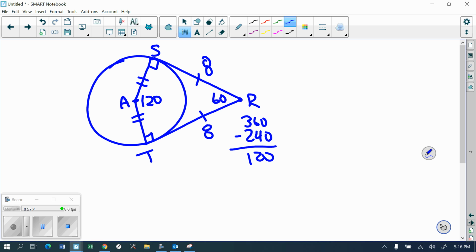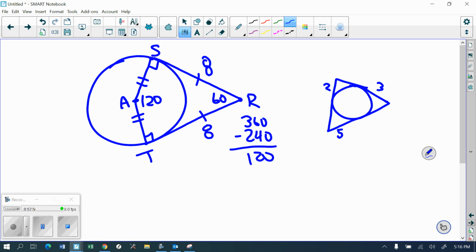There's another type you need to know how to do. If I had a circle and I had tangents, those are all tangents. And they tell me this is 3, this is 2, and this is 5.